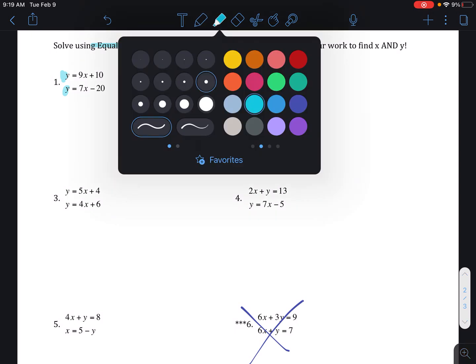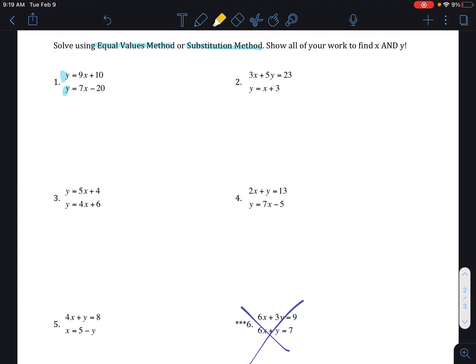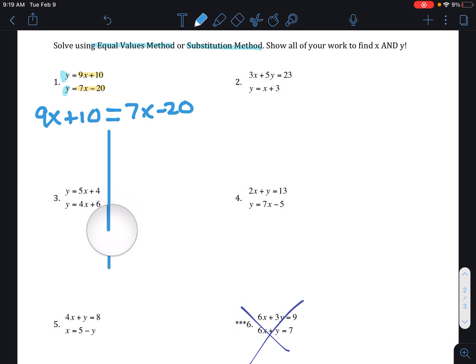And what I am going to do there is whatever y is equal to in both of those equations, I'm going to set equal to itself. So then I'm going to have 9x plus 10 must be equal to 7x minus 20. It doesn't matter which side either of those are on because it's equal.